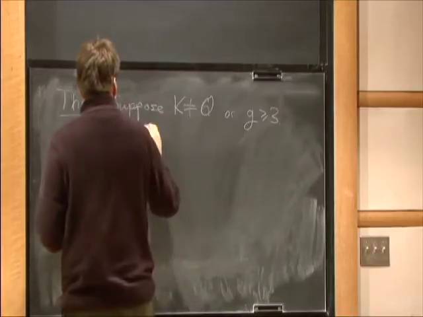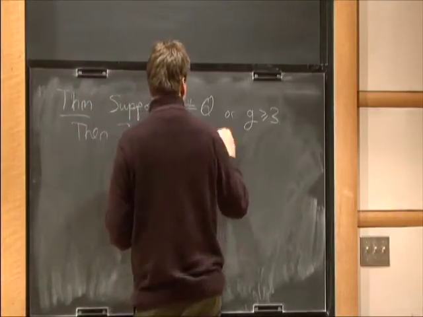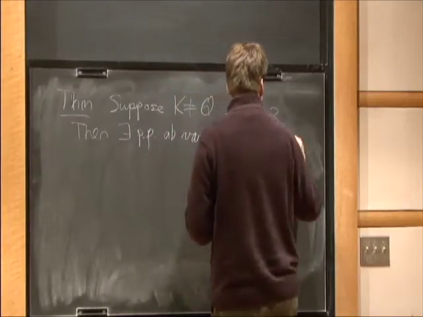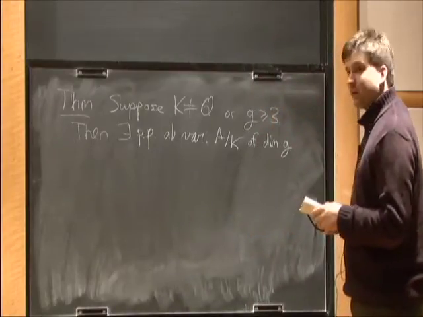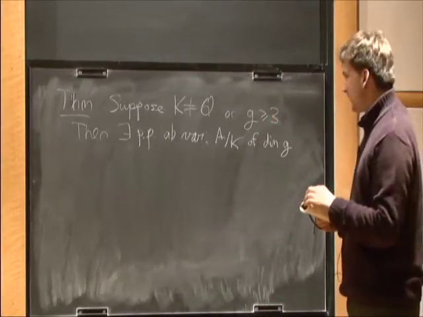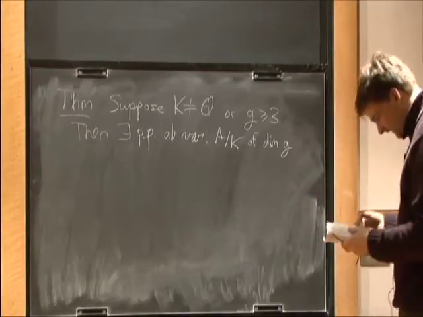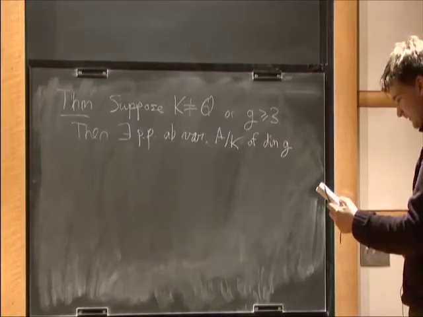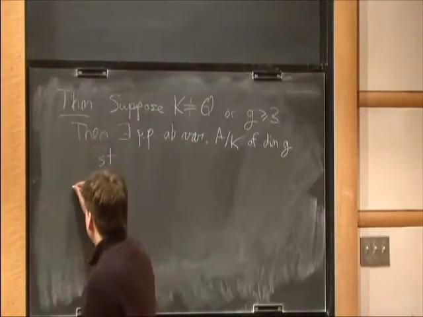Then there exists a principally polarized abelian variety A over K, of dimension G. I can make it the Jacobian of a trigonal curve, such that the image is what you expect.